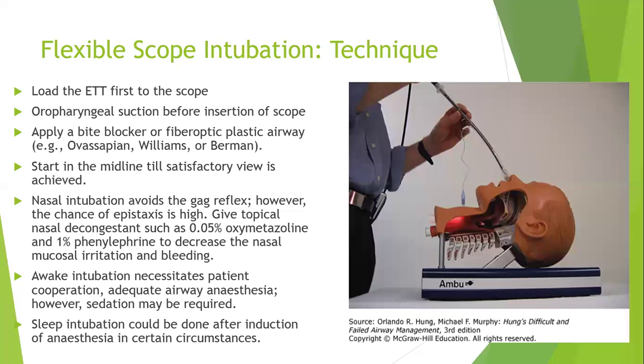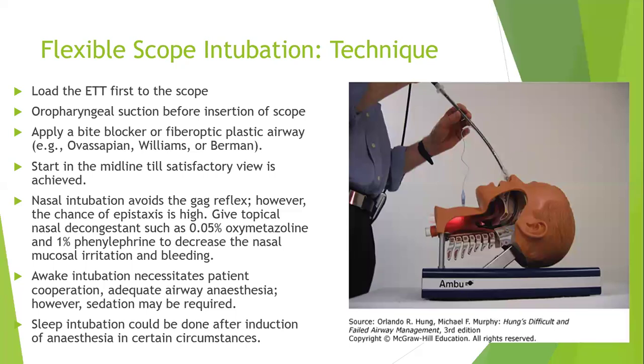You need to load your ETT onto the fiber optic scope or your bronchoscope. You want to suction before the insertion of your scope. Apply a bite blocker or a fiber optic plastic airway. Maintain midline until you are able to see a satisfactory view. Nasal intubation avoids the gag reflex associated with oral intubation, orotracheal intubation.